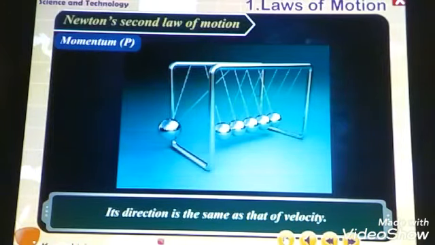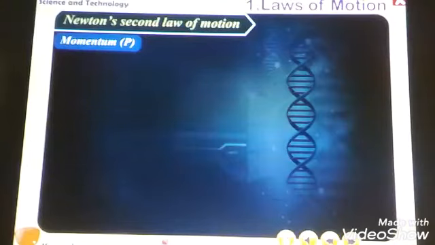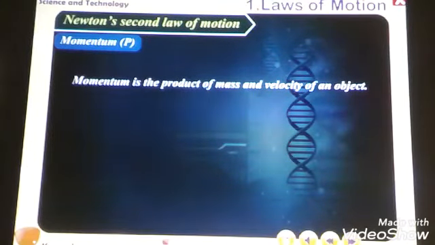Its direction is the same as that of the velocity. In SI system, the unit of momentum is kilogram meter per second, while in CGS system it is gram centimeter per second. Momentum is the product of mass and velocity of an object.